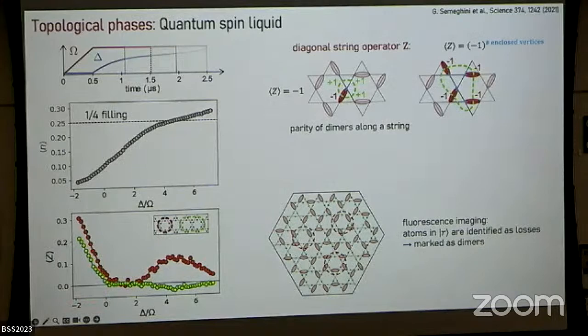And this is a trivial result of the fact that if you have a very low density, most of the time when you measure these loops, they're not crossing any dimer, right? So you have +1, +1, +1. So typically the expectation value is +1. A few times you're going to cross 1. And so the expectation value here is not perfectly 1, but it's somewhat lower than that. But this is a non-interesting result.